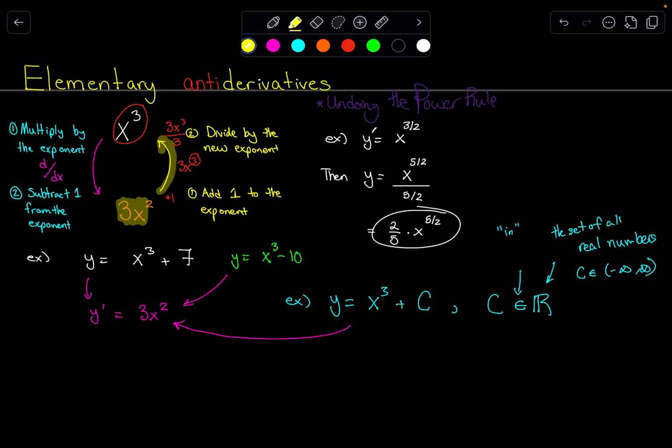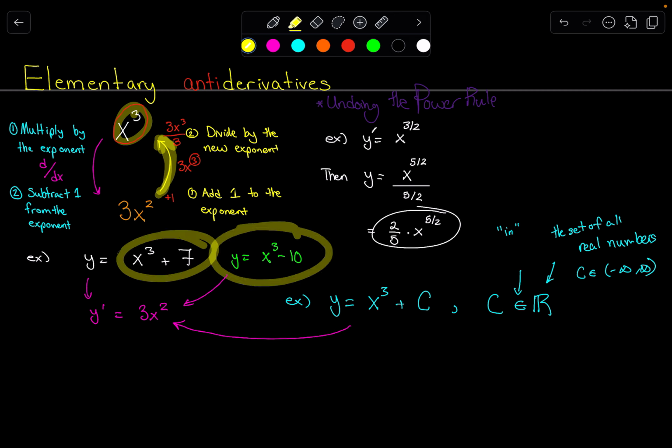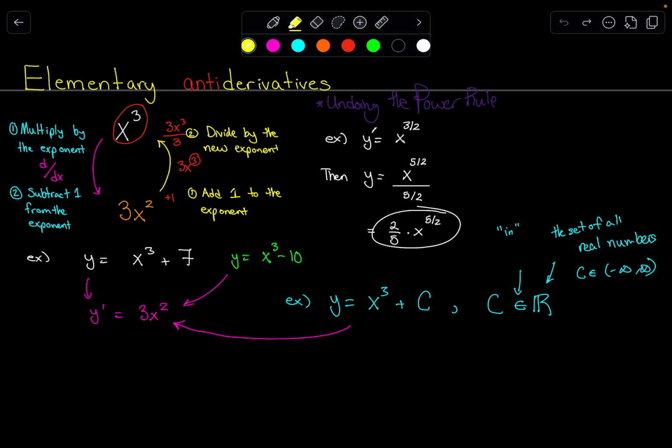If we were to start with 3x squared and say go backwards, what original function did you come from? x cubed could be an answer. x cubed plus 7 could be an answer. x cubed minus 10 could be an answer. And so more generally what we say is that the answer is not just x cubed. We would say that the answer is x cubed plus c.